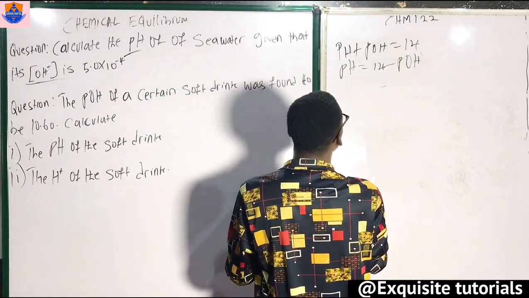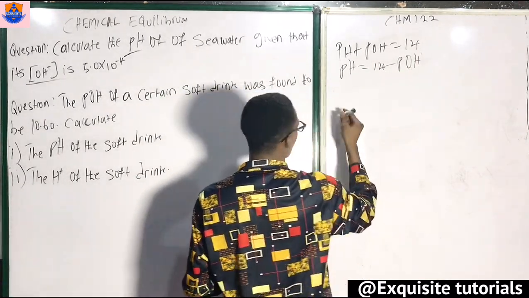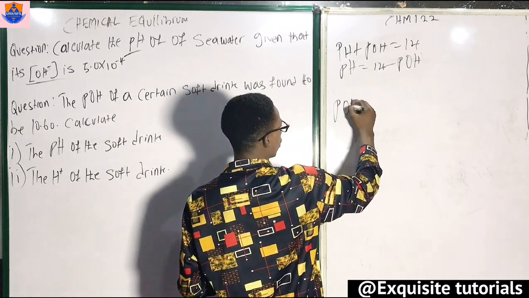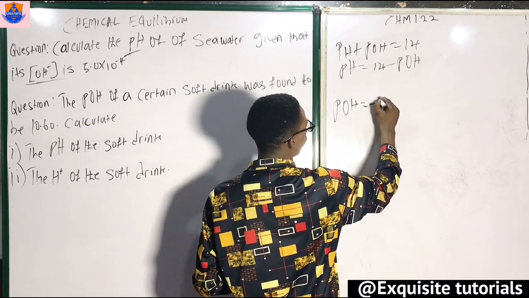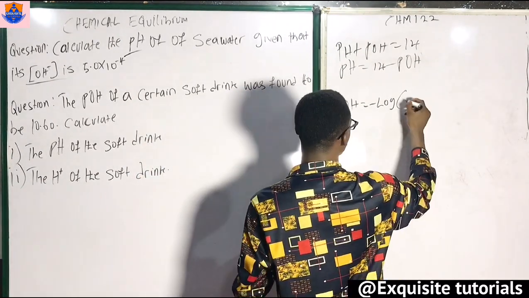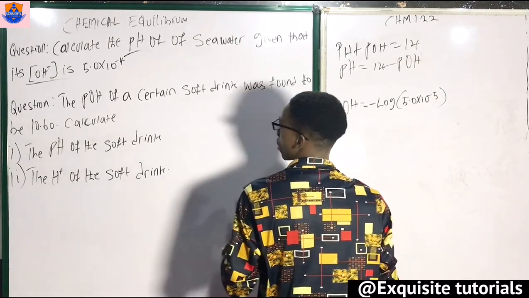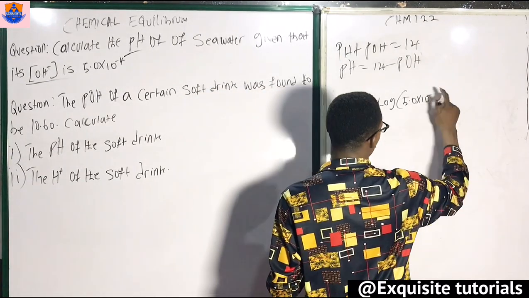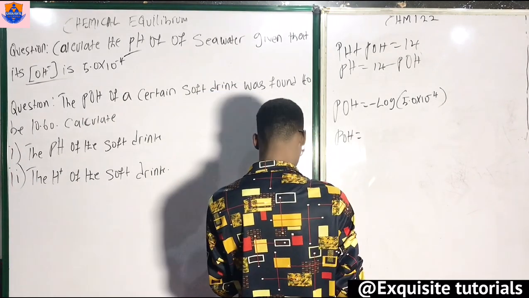And we're given the OH, so we can quickly find the pOH, where pOH is equal to minus log of the concentration given of OH, which is 5.0 times 10 to the power minus 4.